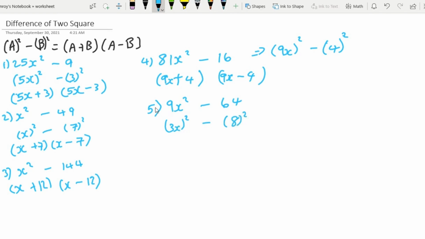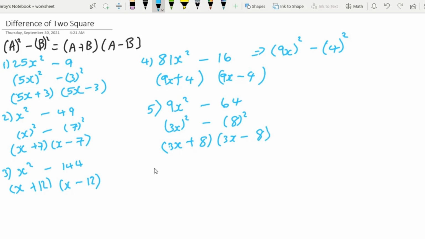Hence, it would take us to the formula right here. a squared minus b squared, right? 3x all squared minus 8 squared. Hence, let's put one of the a terms, so it's 3x. And one of the b terms, we're going to put the plus sign in this one first. B term would be 8. Close the bracket, put another a term, 3x. The subtraction sign, another b term, is 8. And that would be us doing the difference of two squares.